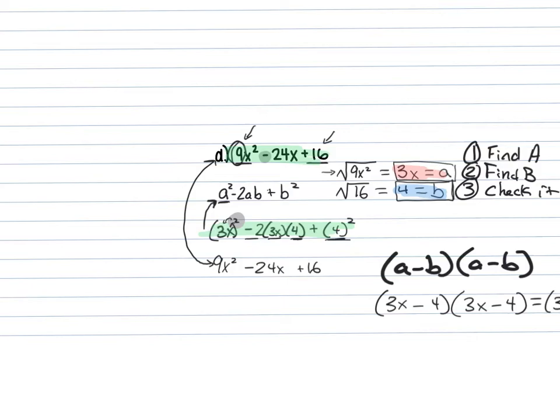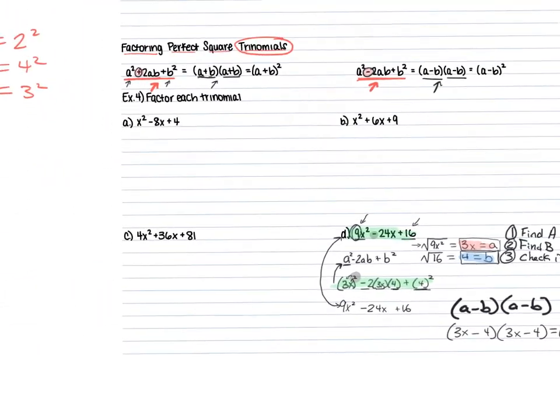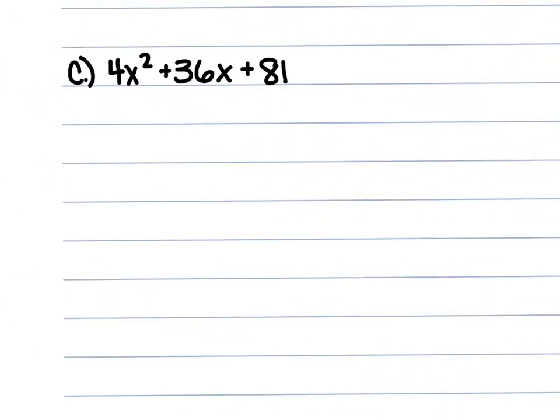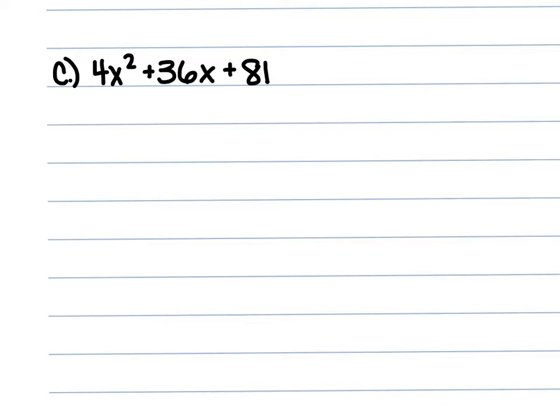All right, so here's what we're going to do. We're going to go on to C. Notice that this is a perfect square, and this is a perfect square. So to find A, which is the first step, I'm going to take the square root of that very first term, the square root of 4x squared. What is the square root of 4x squared? 2x, meaning 2x times 2x will give me 4x squared.